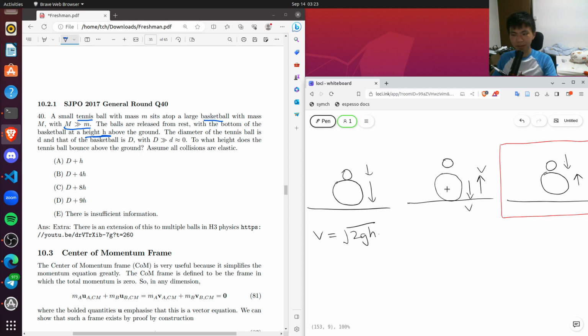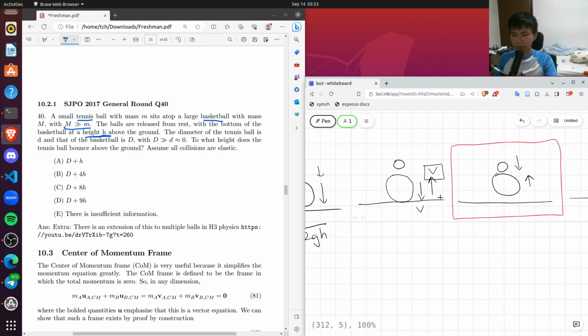So the only thing that happens is that the velocity of the basketball gets flipped. The reason is that kinetic energy is conserved, so the final velocity of the basketball is equal in magnitude, and the velocity vector simply gets flipped.